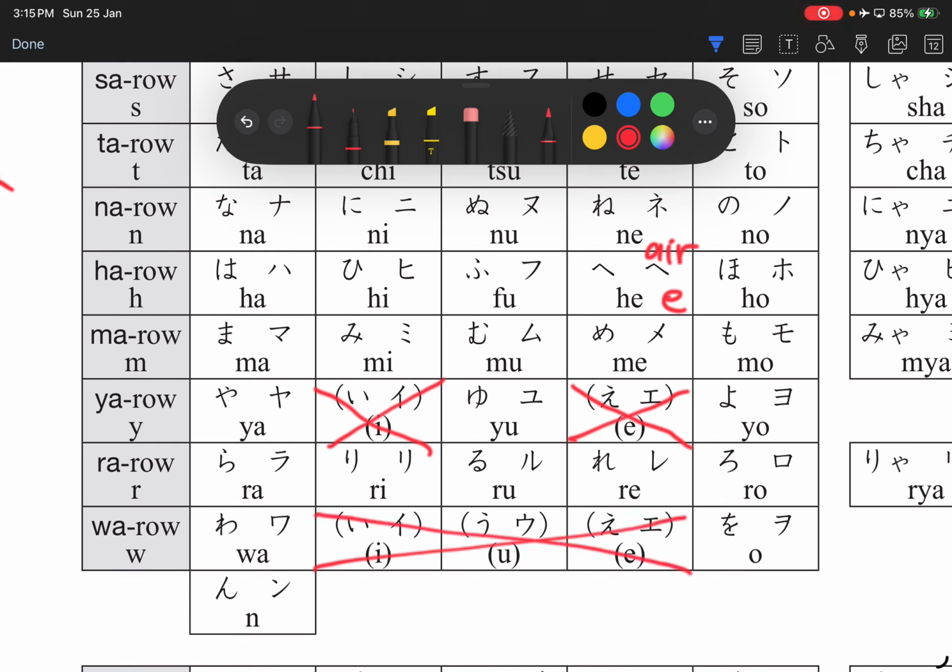Moving on to the ra row. It's not really an R sound. In English, we pronounce the R sound as R, but you don't need to roll your tongue for Japanese. It's like how our grandmother always says radio. So it's not ramen with a hard R, it's more like la.